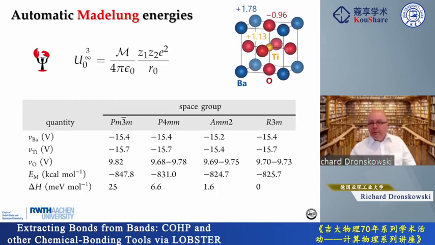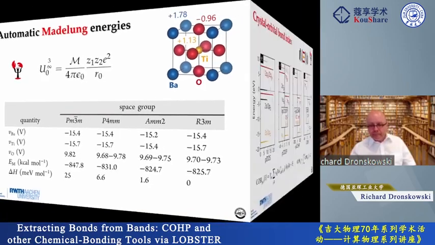And you can also come up with automatic modeling energies that are based on accurate charges. I don't want to go into the details, but modeling energies have been very important in the past, in particular in solid state chemistry. This is everything done automatically.